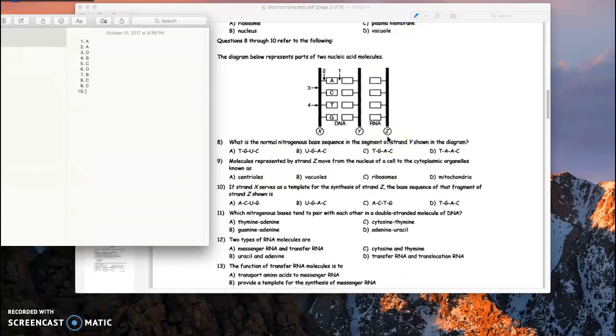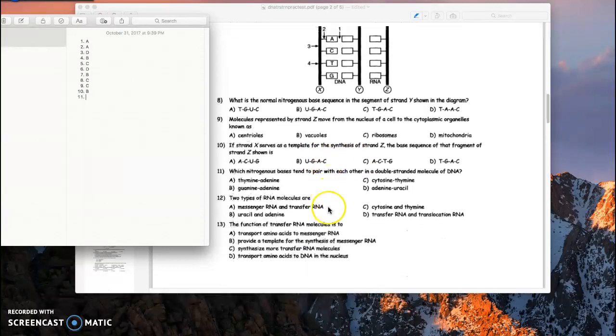Number 10: if strand X serves as a template for synthesis of strand Z, the base sequence of that fragment of strand Z shown is... A is going to pair with U, C is going to pair with G, T pairs with A, and G pairs with C. So our answer is going to be B for number 10. UGAC.